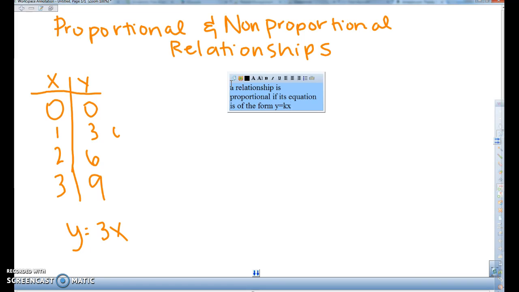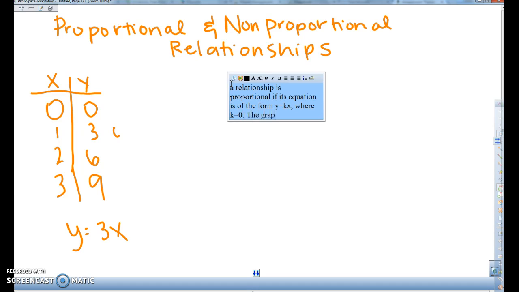Where else have we seen y equals kx? Good, we saw it with direct proportions. And of course, with this, k is not equal to 0.